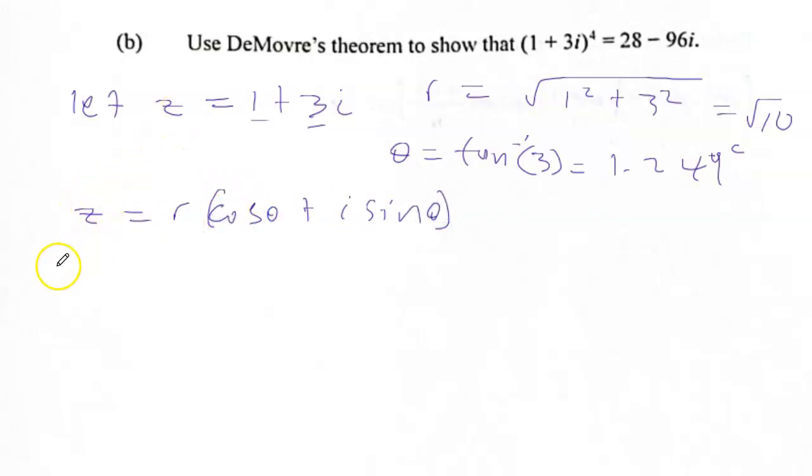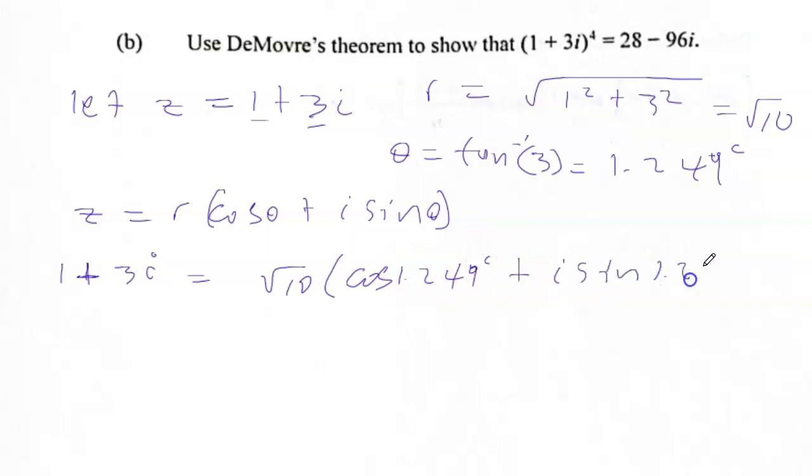So z, we have 1 plus 3i, r is root 10, cos theta, 1.249 radians. So we're asked to find 1 plus 3i to the power of 4. So I'm going to raise both sides now to the power of 4.